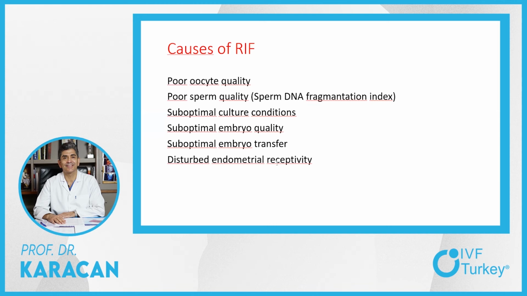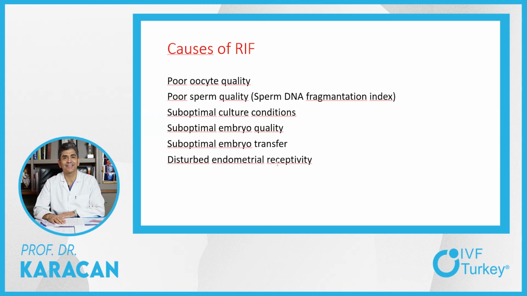And again, disturbed endometrial receptivity. This is also related to women. The endometrium is supposed to be ready for implantation of the embryo in terms of biochemical maturity and histological maturity.